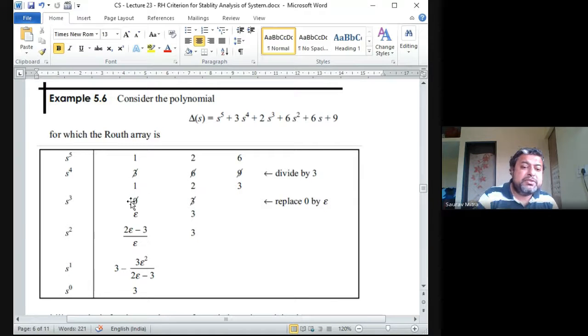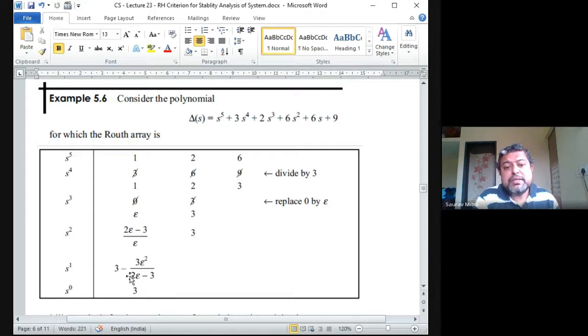If the first element becomes 0, whenever you are finding the next thing, it will be 0 into 2 minus 1 into 3 divided by 0. So it will go to infinity. This will be minus 3 divided by 0. That means this s square first element will go to infinity. And all other things in that case will become 0. We don't want that.